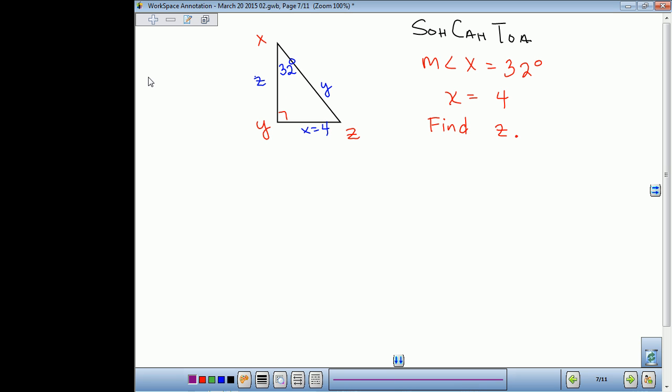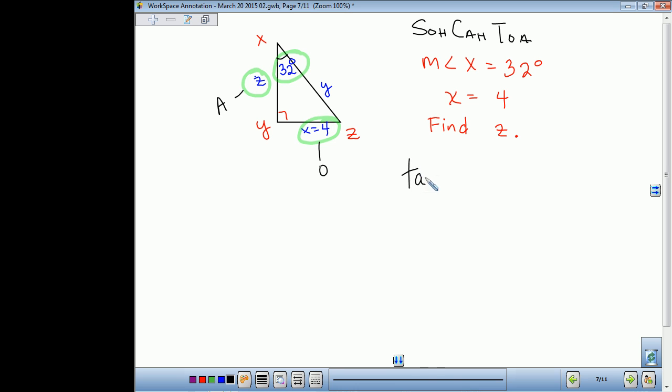So once again, let's think of what they gave us, this angle, this side. What do they want? This side. Okay, now let's see what we have. With respect to this angle, this side is the opposite, and this side is the adjacent. Which of these trig functions, sine, cosine, tangent, is a ratio of opposite to adjacent?